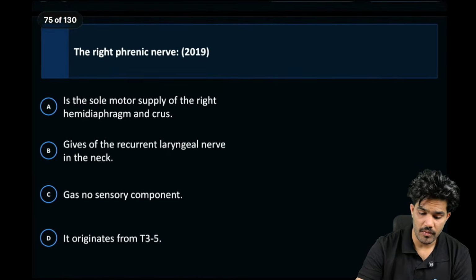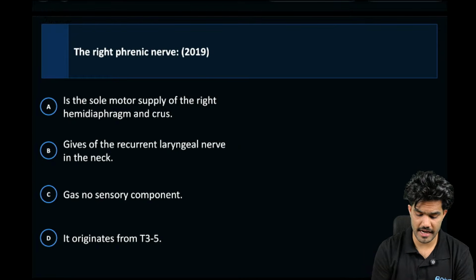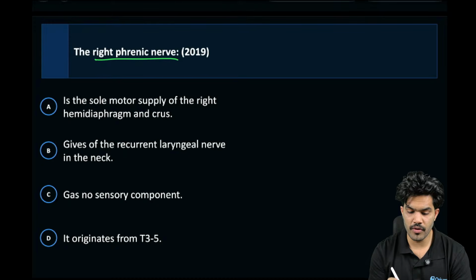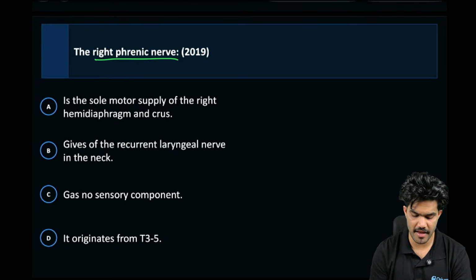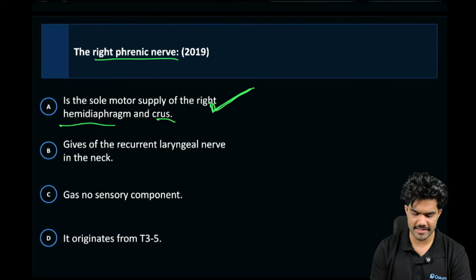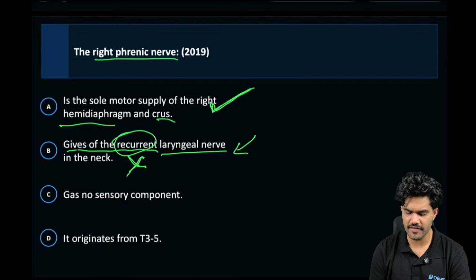Now, the right phrenic nerve. It is the sole motor supply of the right hemidiaphragm and crus. Yes, this is a true statement. Let's see other statements. Gives the recurrent laryngeal nerve. No. Who gives the recurrent laryngeal nerve?